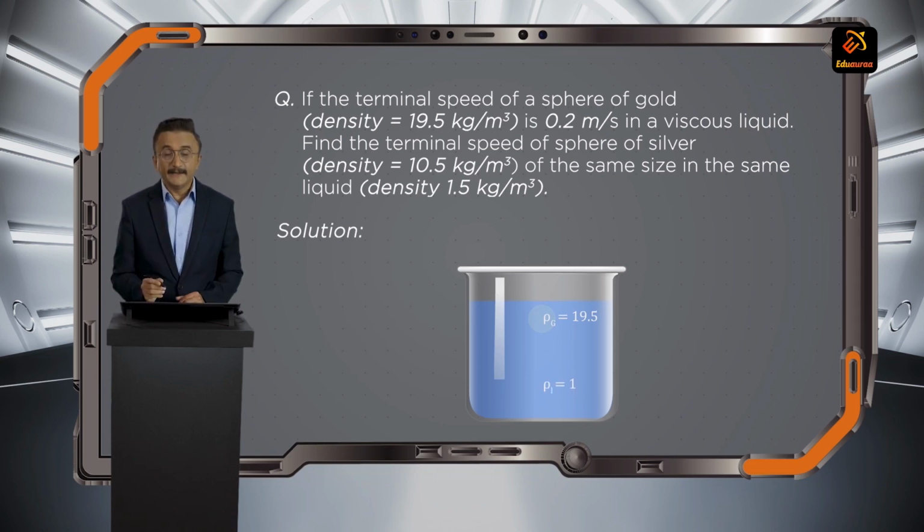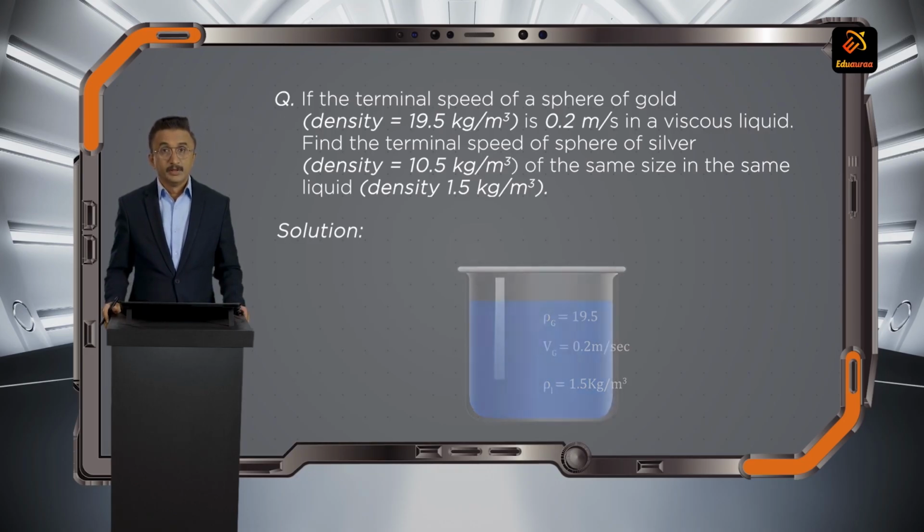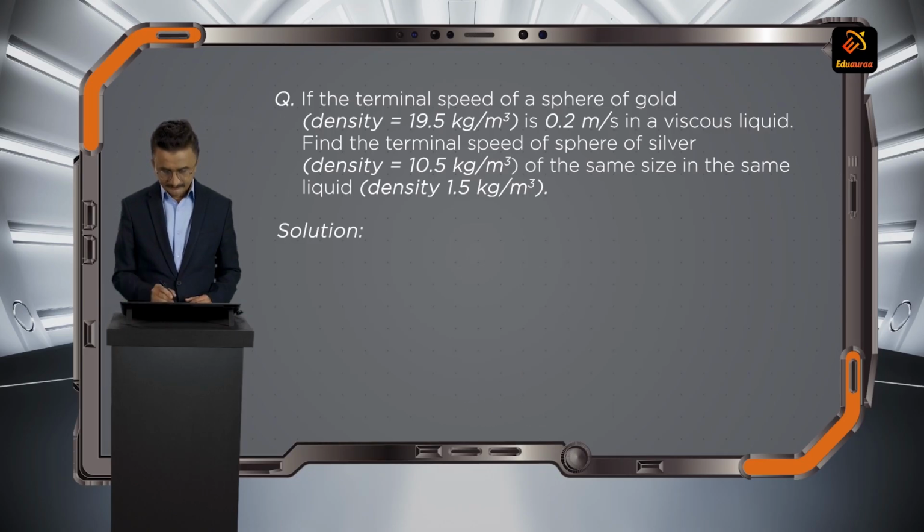So density of liquid is 1.5 kilogram per cubic meter. And in this case, the terminal velocity, I can say V of gold, is 0.2 meter per second.